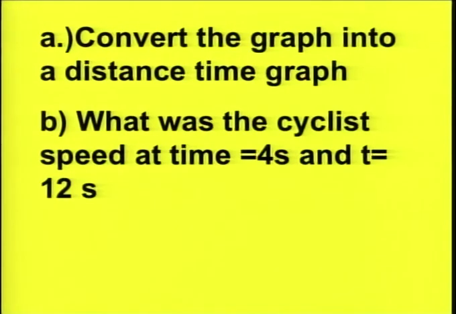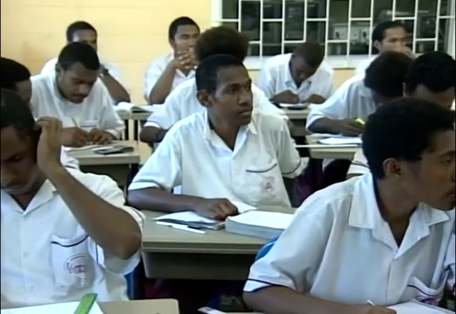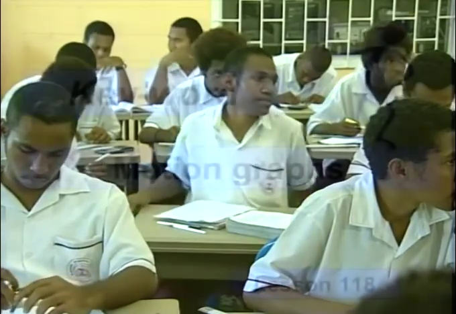Or if you are given a speed time graph, you can convert that into a displacement graph and then find the velocity. So different features of the graph will give you different information. All right, so that brings us to the end of the lesson, and our key phrase will be motion graphs.